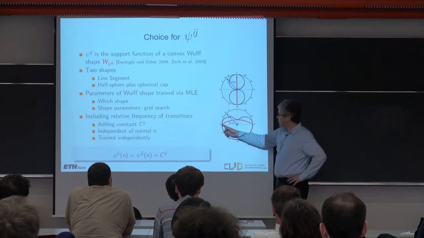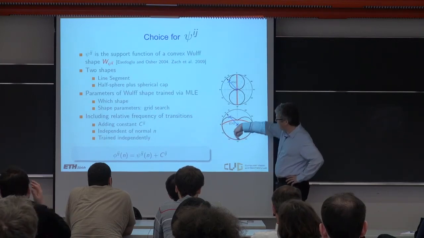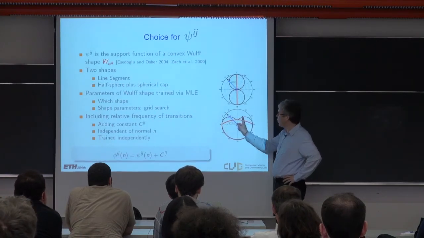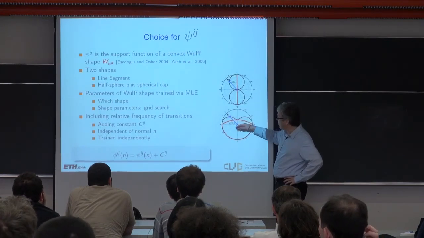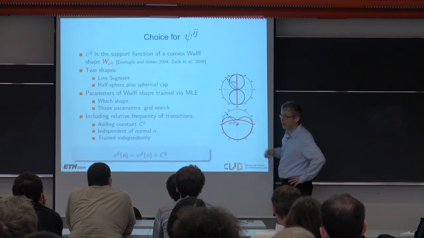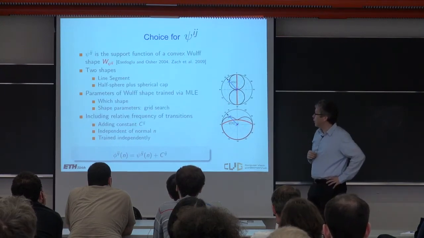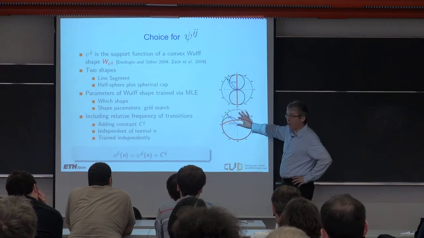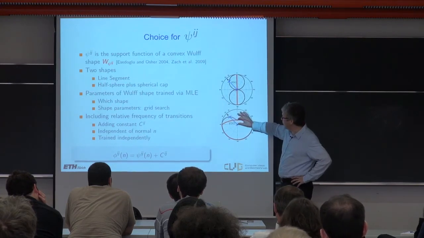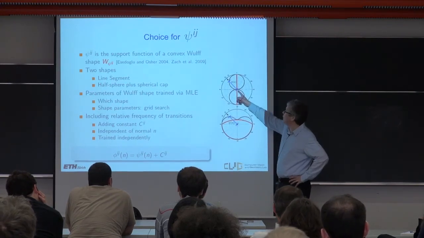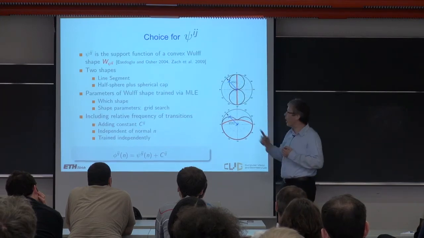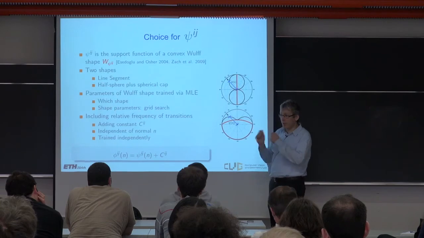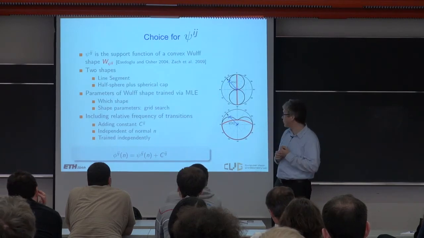This one is essentially a big penalization anywhere looking down, and then a smaller and smaller penalization as we get closer to vertical, with still some amount of penalization here. Okay? Now, there are still parameters here. We have to choose how big we make this penalization for vertical. And we also have to choose how long this stick is. Okay, so how anisotropic this is and how strongly we penalize one versus the other.